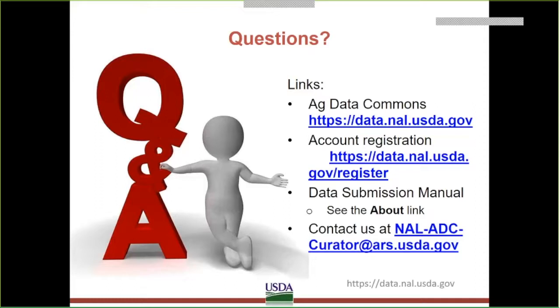All right, and we've got another question. What is the primary source of the connections data? Are the relationships primarily from references and citations or submitted by the data producers? The primary source would be from the alerts that we've set up in Scopus and Google Scholar to query for our specific DOI or the name Ag Data Commons.